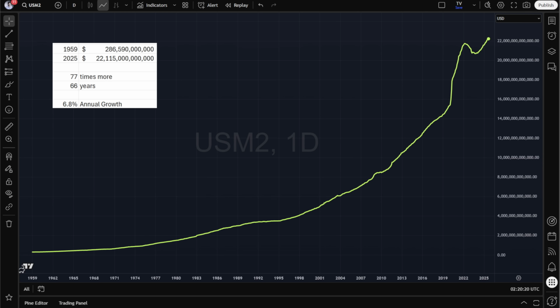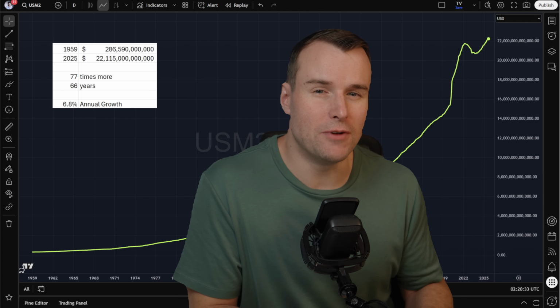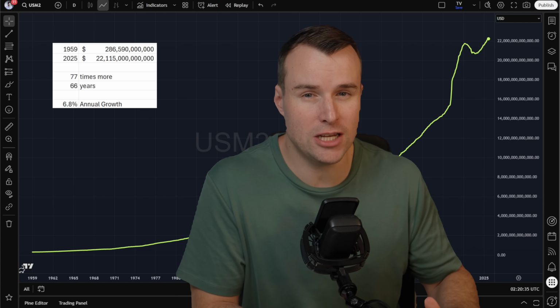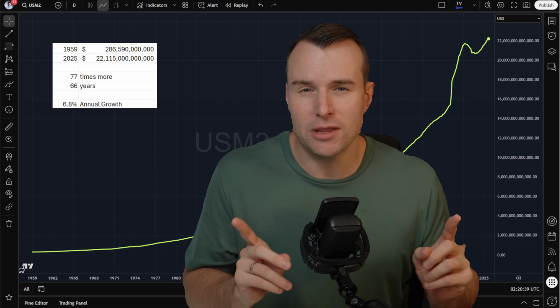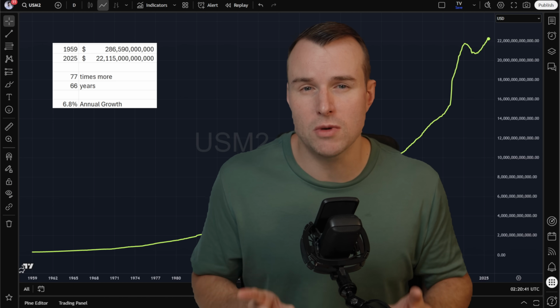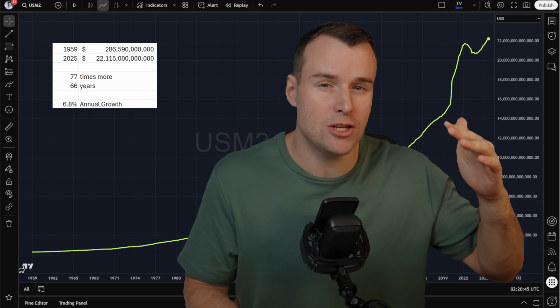I'm always talking about monetary debasement. Here's what I mean. Over the last 66 years, the money supply grew on average by 6.8%. So that's how much the US dollar is really devaluing over time. The official inflation rate is 3.3% on average over that time frame, but the inflation rate just measures consumer prices, and consumer goods tend to be deflationary in nature long term.